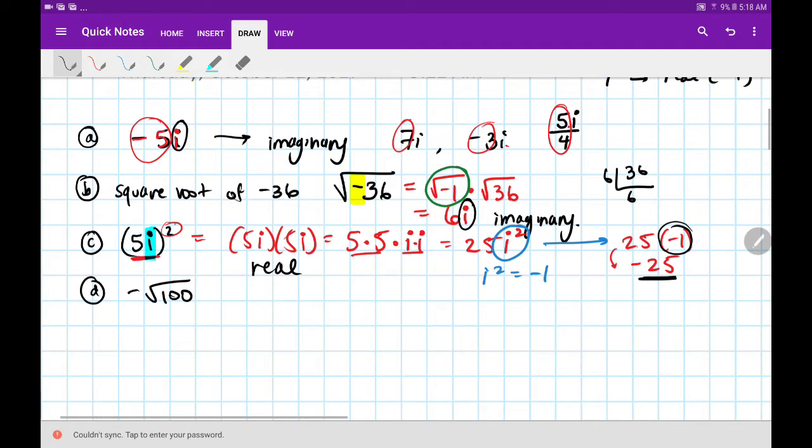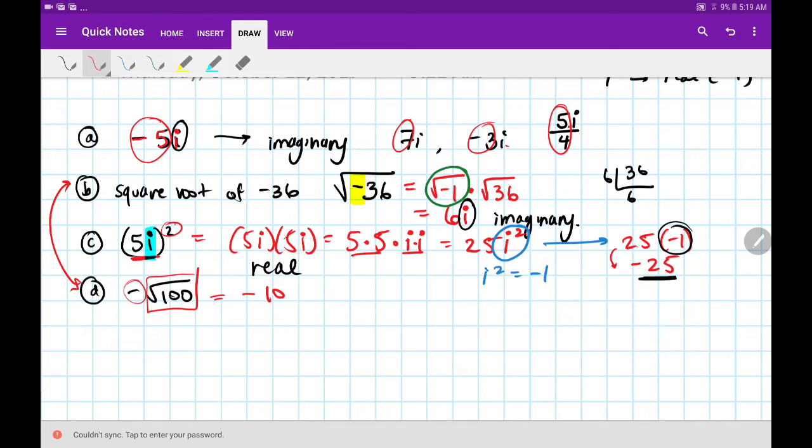Okay, last problem. I want you to notice the difference between D and B. In letter D, the negative is outside the square root. And this actually breaks down, if I do this guy, it breaks down to the negative, I'm keeping it outside, and then the square root of 100 is 10. Well, negative 10 is a real number.